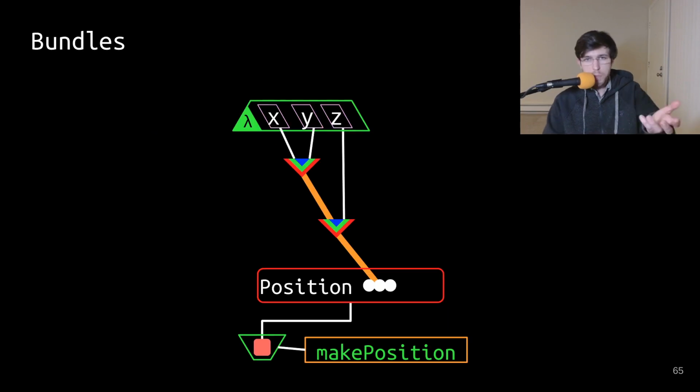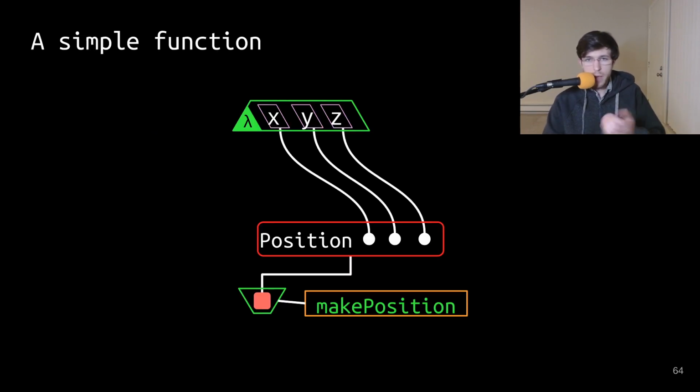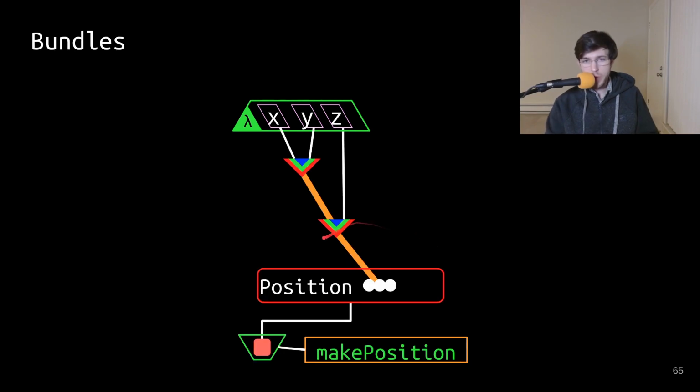Here's bundles. So we can group together, we have 3 wires all going from this lambda into this function application. And so we can group them together. So this symbol takes as input bundles or wires, and it produces a bundle.